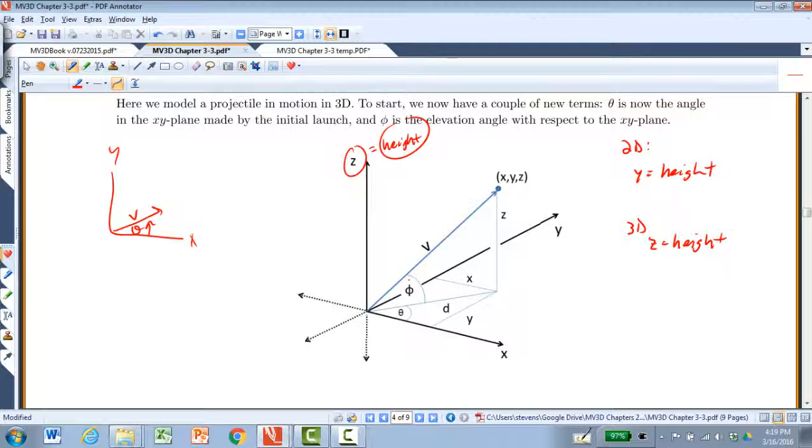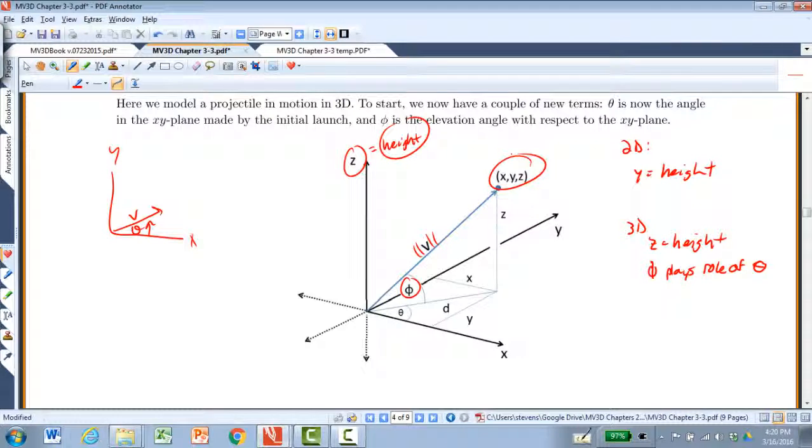That is actually now called phi. In 3D, this angle phi plays the role of theta in 2D. So that's the angle of elevation of the turret, if you will. And then it has some length, which gives you the initial speed, and this x, y, z is telling you the direction in which it's heading.